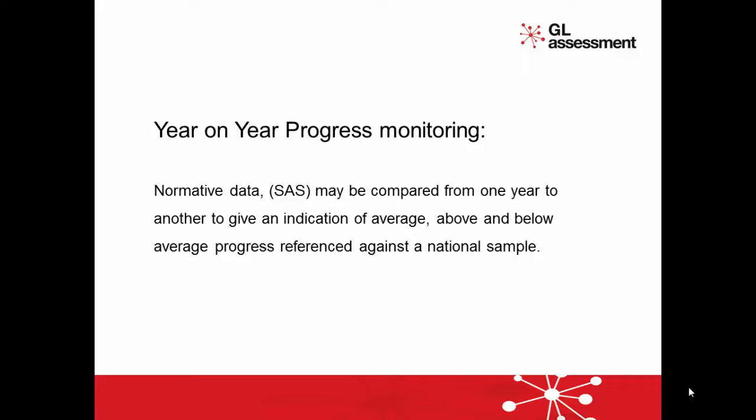In terms of looking at year-on-year progress, what we've been doing is using the standardized scores to demonstrate progress from one year to another. The standardized age scores are always referenced to a national sample, so if an individual student gets the same standardized score on an assessment for 11-year-olds and they get the same standardized score on an assessment for 12-year-olds a year later, they've actually made a full year's progress.